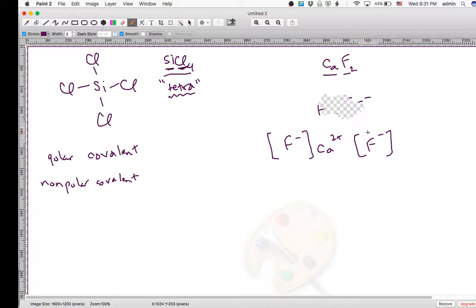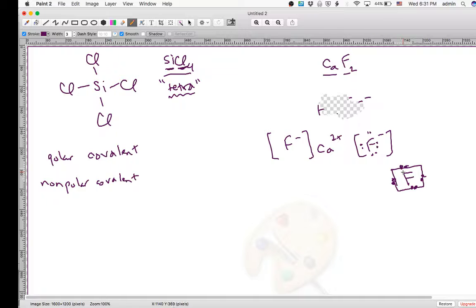I'm going to draw them. 1, 2, 3, 4, 5, 6, 7, 8. Notice that I've drawn the electrons as though they were sitting on a box around the F. I did that because it's important in chemistry to know which electrons can be paired with some other electron and which ones can't.